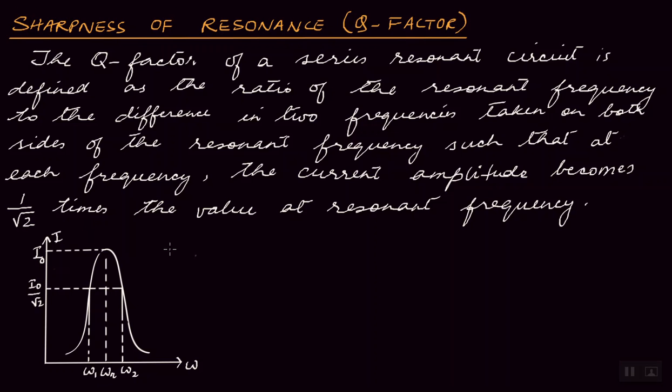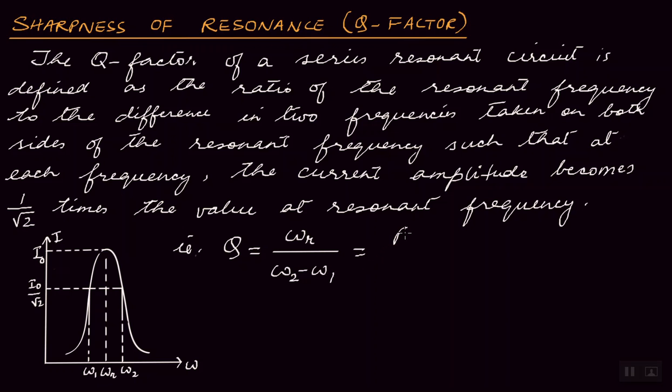Is this clear here? So that ratio of omega R and omega 2 minus omega 1, that is the Q factor, right? So Q is equal to what? The ratio of the resonant frequency divided by the difference between omega 2 and omega 1, so this will be omega 2 minus omega 1.